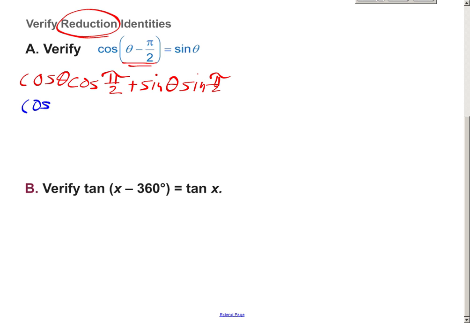So cosine of theta times 0 plus the sine of theta times sine of pi over 2, or 1. And we get, again, that that is equal to the sine of theta, to verify this identity.